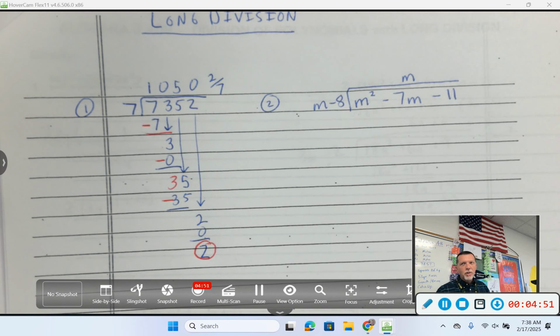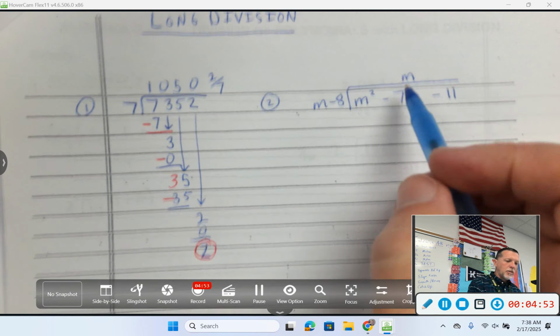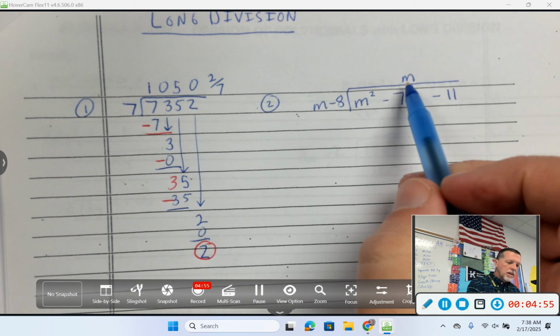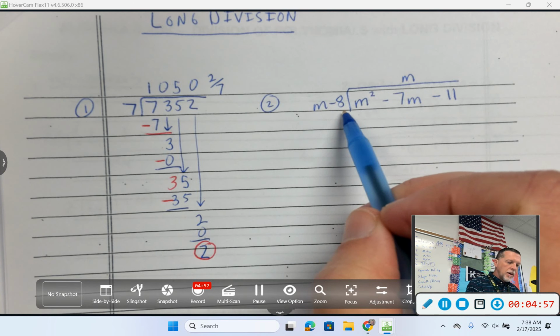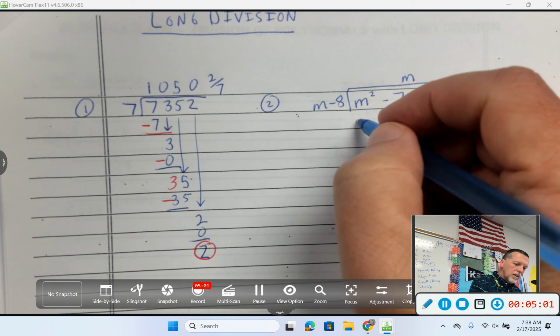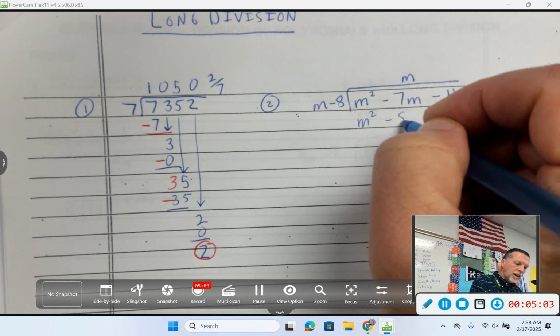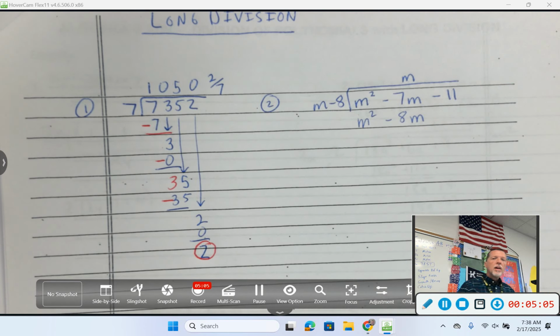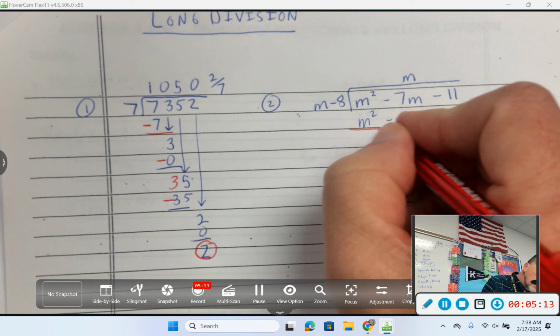People will do this part differently. Some will line them up differently. I want to keep them all lined up. So m times m minus 8. So this is the multiply it back step. m squared minus 8m. But what do we do next? Subtract.